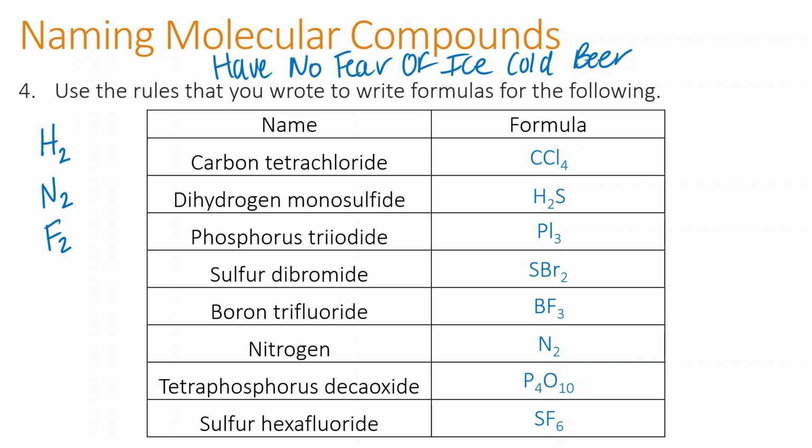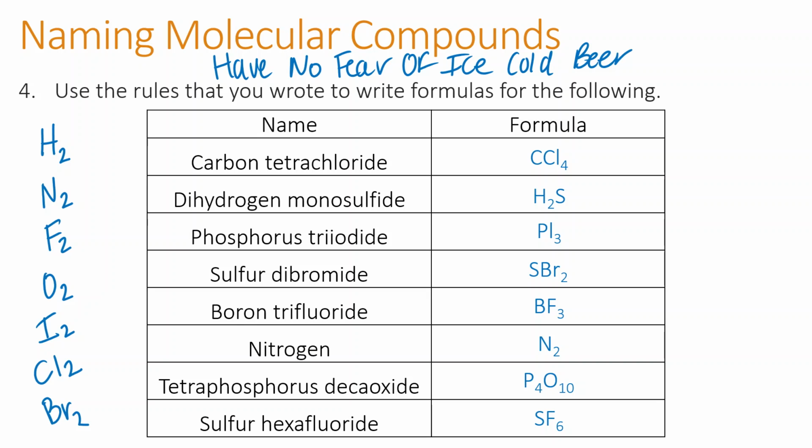Fluorine, F2, so that's have no fear. Of is oxygen. Ice is iodine. Cold is chlorine. And beer is bromine. If you encounter any of these elements by themselves, not in a compound, they're going to be diatomic. And that's what nitrogen is going to be here, a diatomic element.